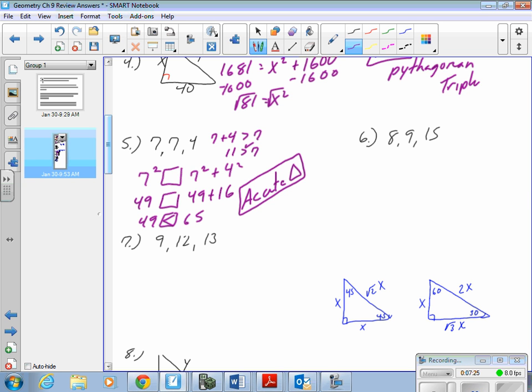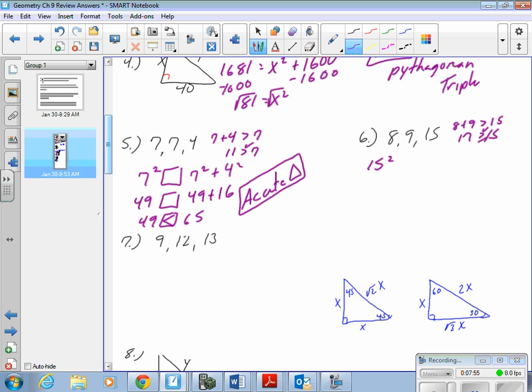So next triangle, number 6, has sides of 8, 9, and 15. So we add the smallest two together, see if they're greater than the biggest side. So that's 17 is greater than 15, which is true. So then once we've got that, now we can plug it in to compare it.